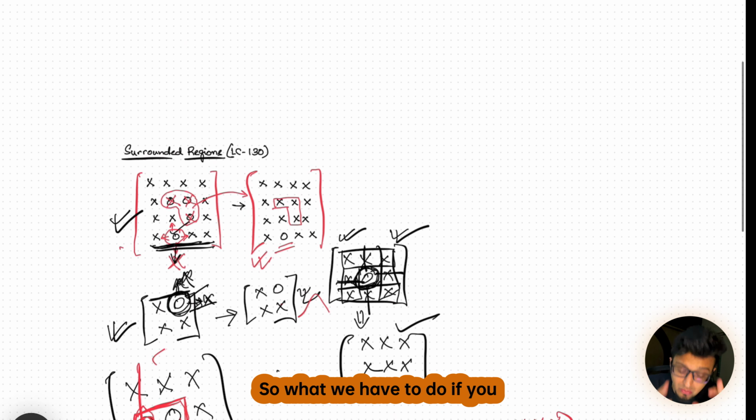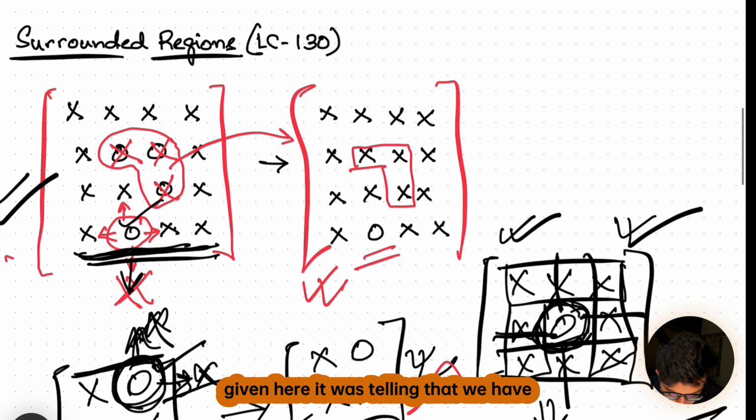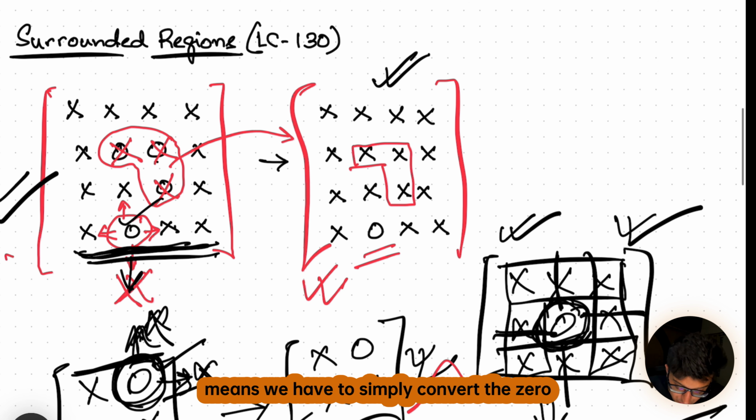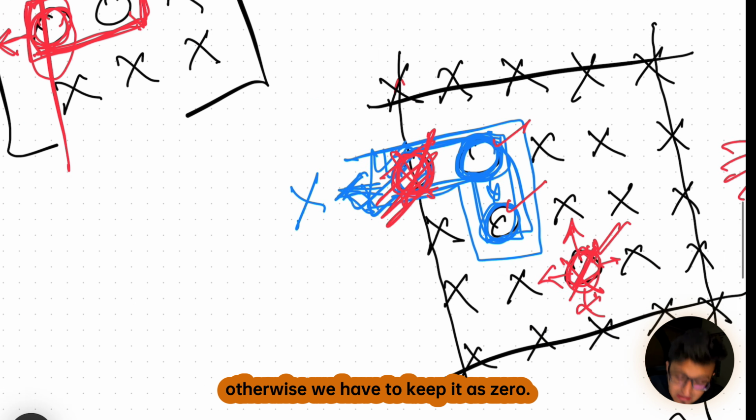So what we have to do, if you look carefully at the problem statement that was given, it was telling that we have to simply return the matrix in this way. Means we have to simply convert the 0 into X if it is a valid surrounding, otherwise we have to keep it as 0.